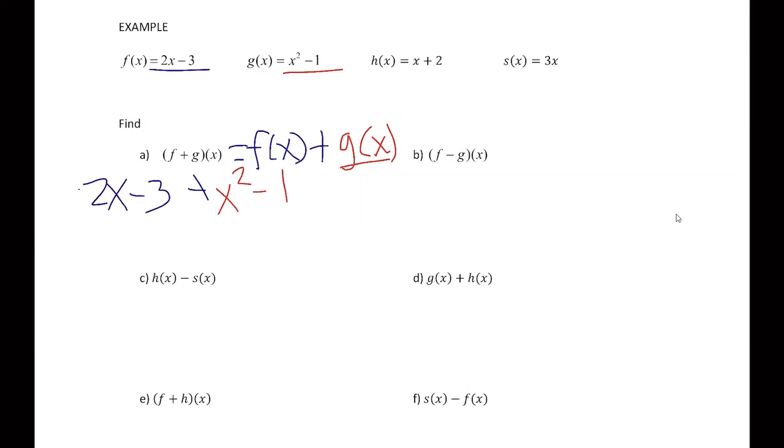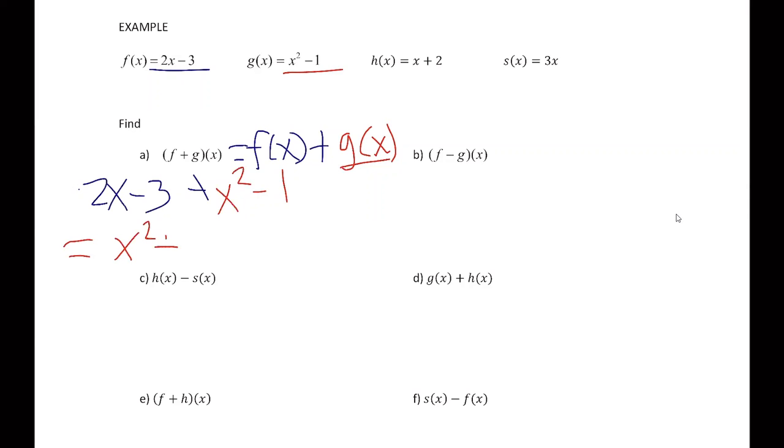We want to add these two expressions together, so we have to combine our like terms. One thing to be aware of: when you combine your x parts, you can only combine them if they have the same power. For example, x squared and 2x, you can't combine those because they don't have the same power. They're not like terms. So the x squared just comes down, there's nothing to combine it with.